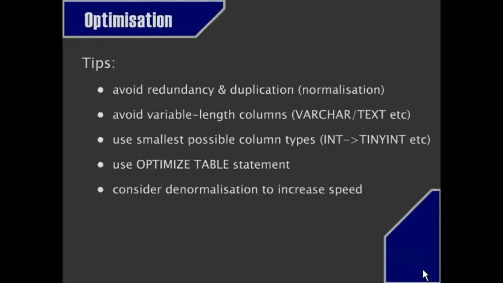You may want to have some kind of duplication of data in certain circumstances in order to increase the speed by, for instance, cutting out a join between two tables that's needed when you're going to be accessing a large amount of data.